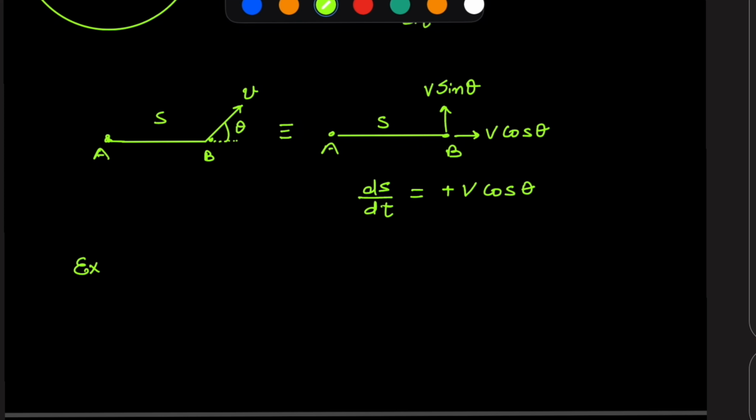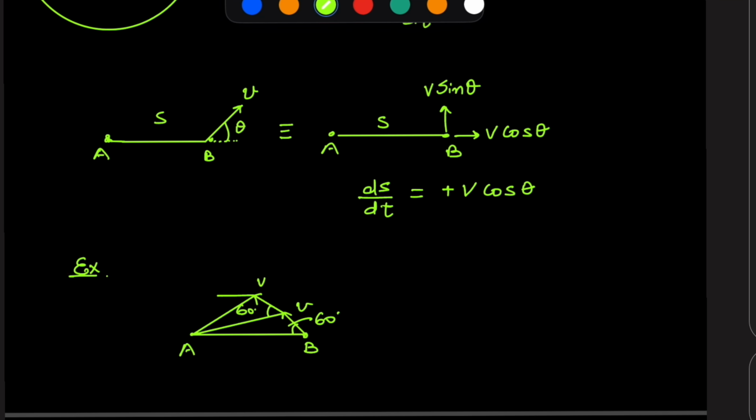Okay. We take one example. A is fixed, B is a particle, and suppose B happens to be moving always with the same speed but making an angle theta, suppose 60 degree, and this angle is always 60 degree with the line AB. So V is always such that it makes an angle of 60 degree with the line AB at that instant.